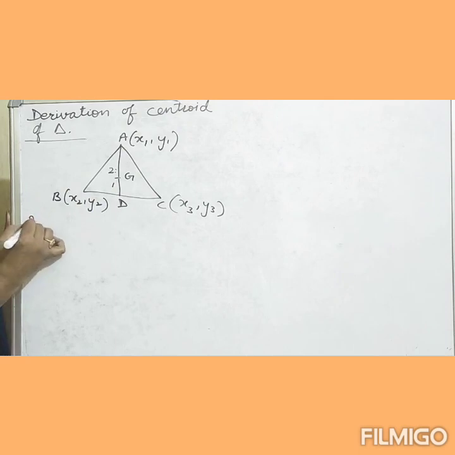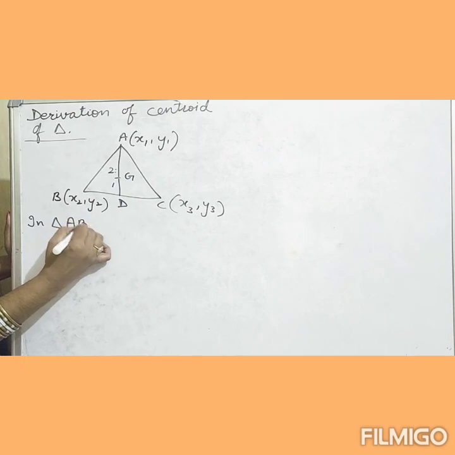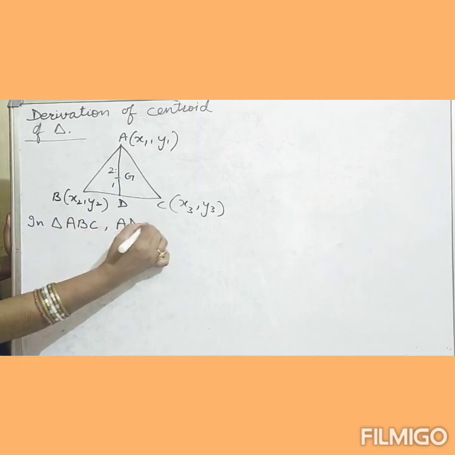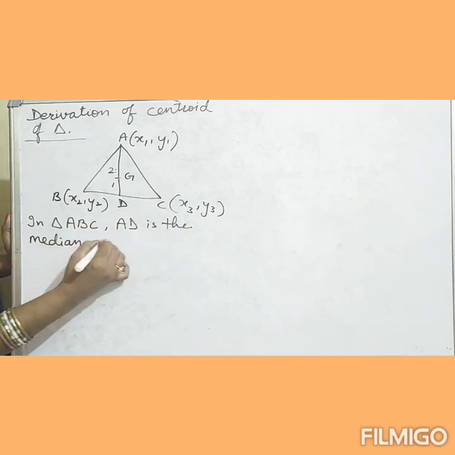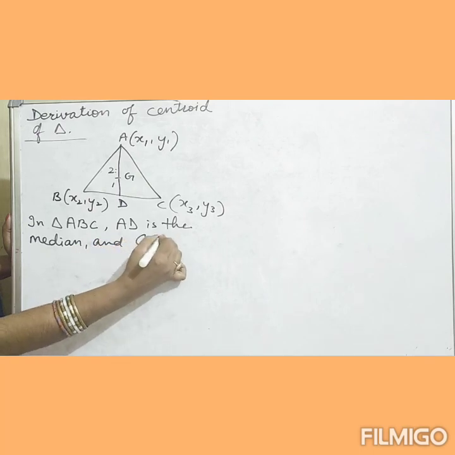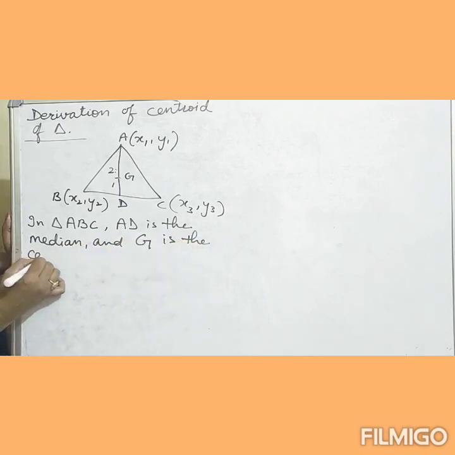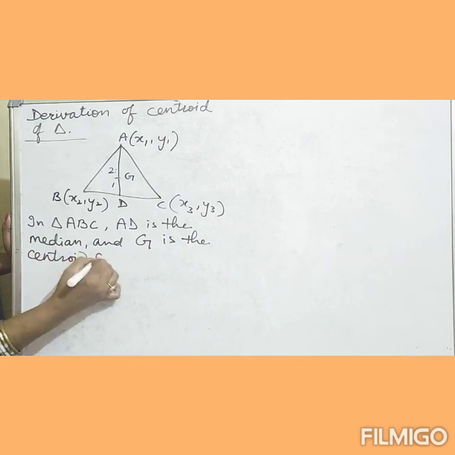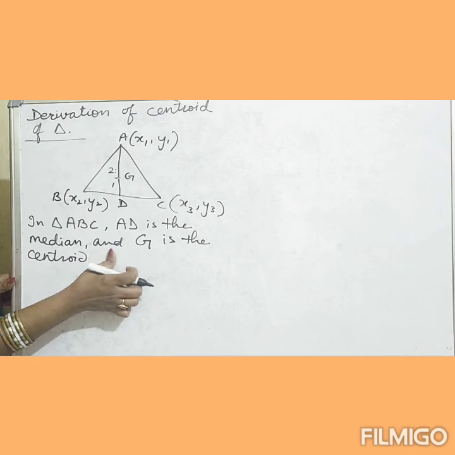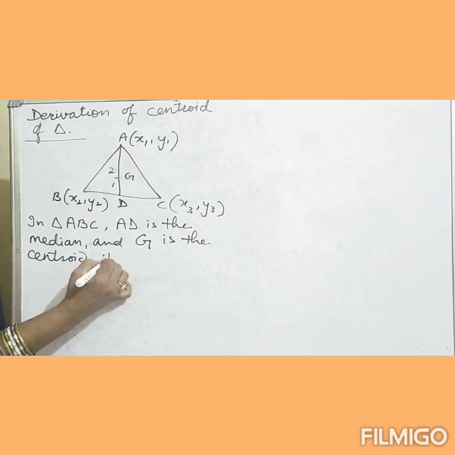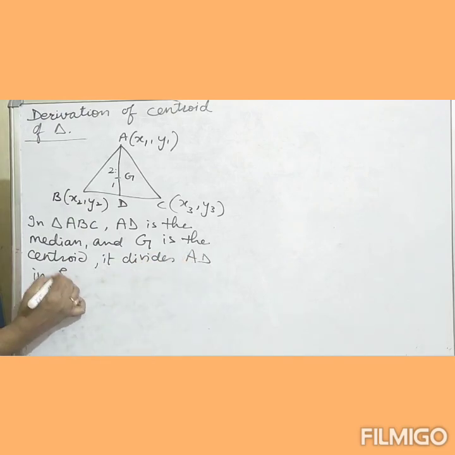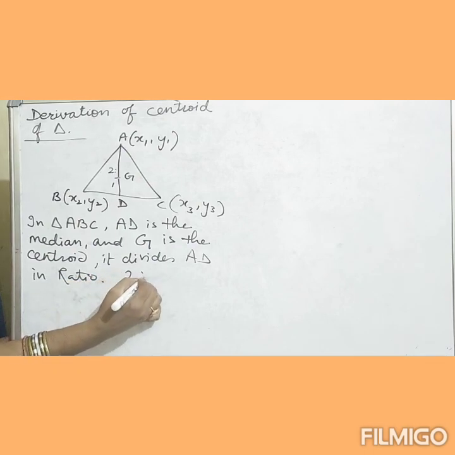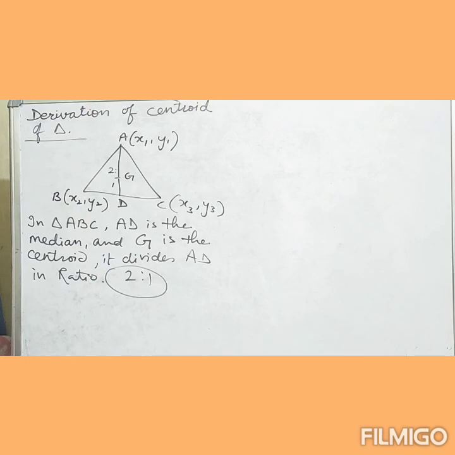It's a property of the centroid and you should know it. So here in triangle ABC, AD is the median and G is the centroid of the triangle, and it divides AD in the ratio 2:1.